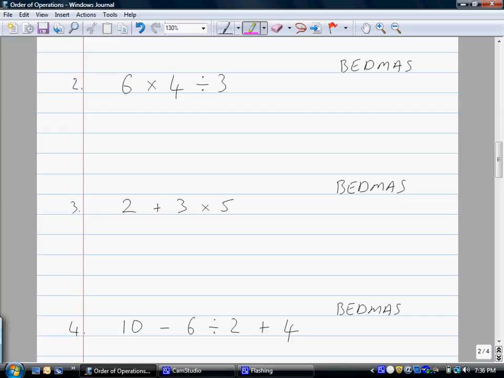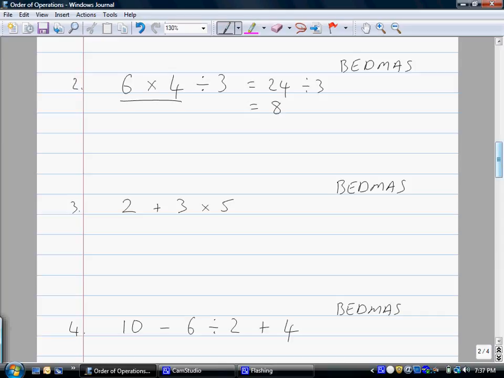So in this case, we'll do the multiplication first because it's the first one we come to. Underline it, and then I just write out the whole expression again, but working this bit out. So 6 times 4, that's 24, and I still have division by 3. I have to write that. Now I only have one operation, so I just work that out. 24 divided by 3 is 8.